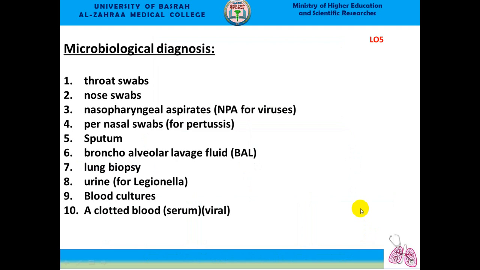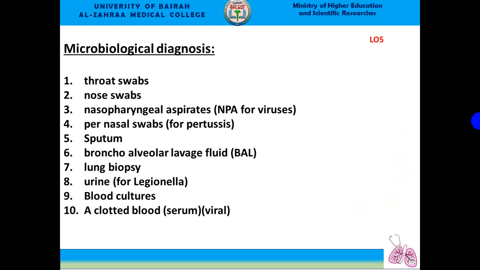So how do we diagnose pneumonia? The most important thing after history and examination is to identify the microorganism causing the pneumonia. And here we can achieve that by doing throat swabs, taking swabs from the throat of the patient, or nose swab.